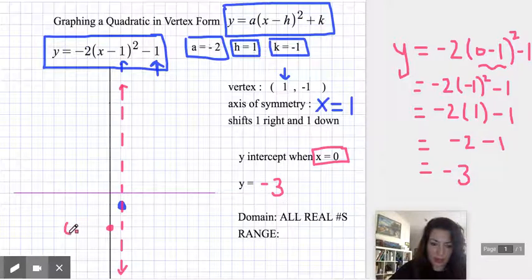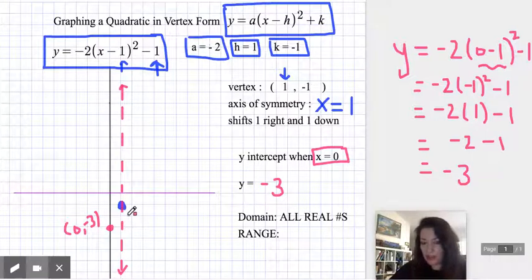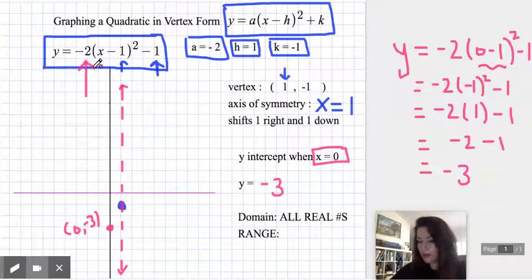And I can actually write that as an ordered pair. (0, -3) is my y-intercept. It happens to be below the vertex. Now, this makes sense since you look over here, our a value is -2. When your a value is negative, that will flip the graph.